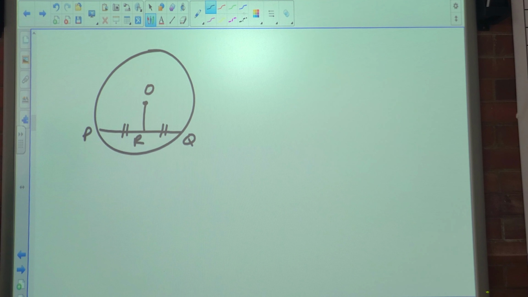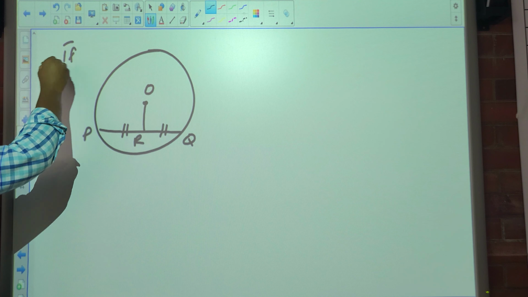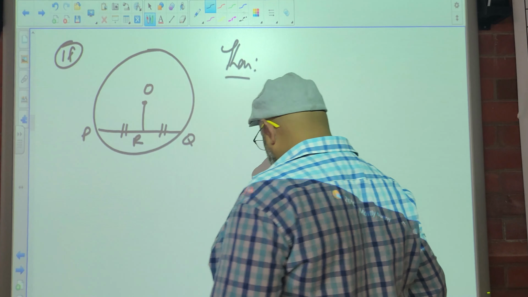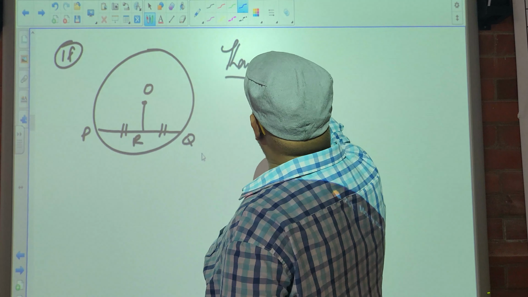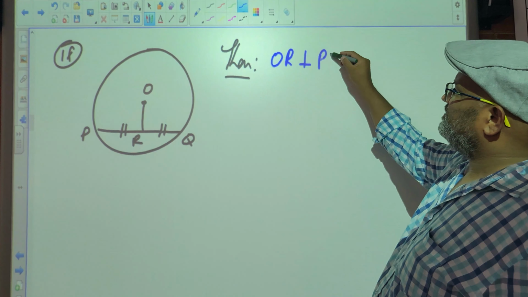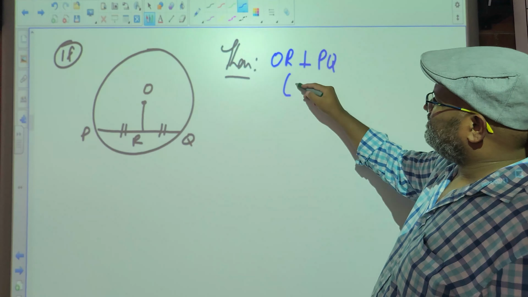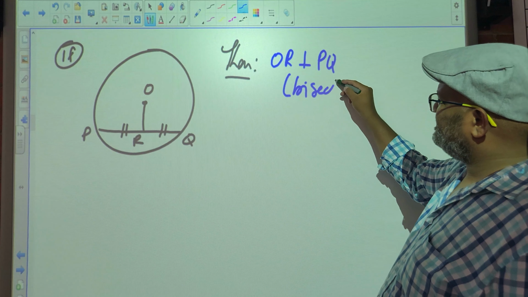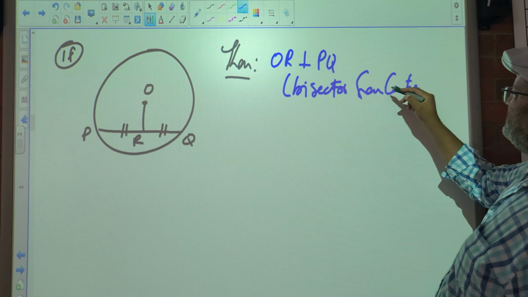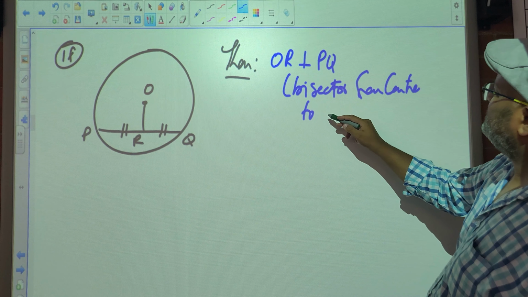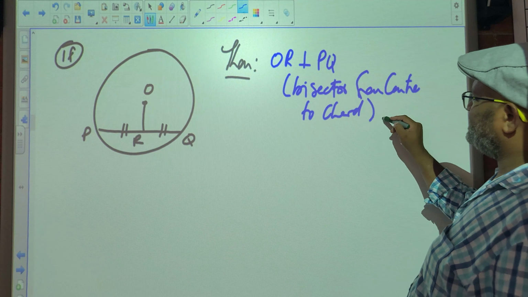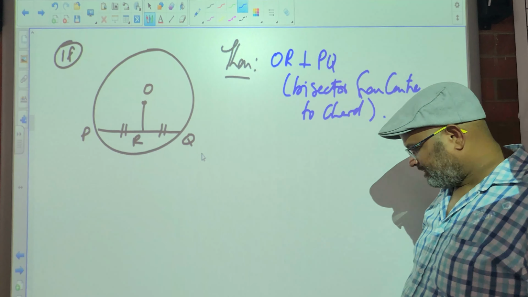If that's the case, then we can conclude that OR is perpendicular to PQ. Why? Bisector from center to chord is perpendicular to the chord. Okay?